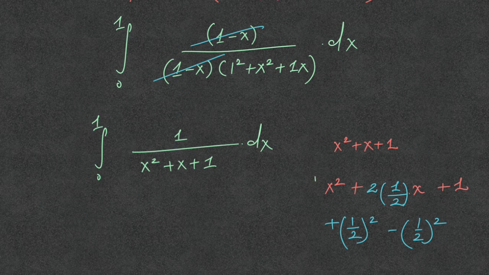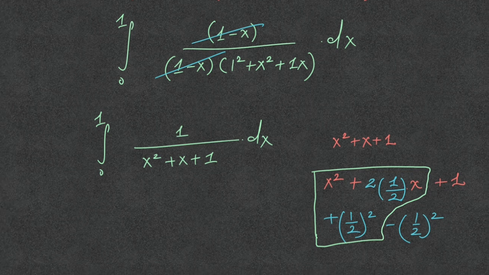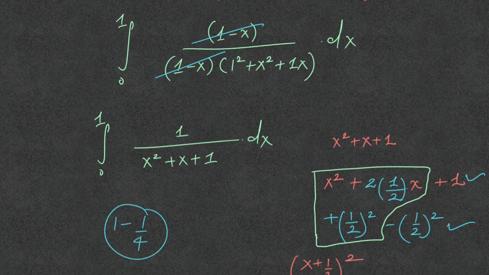This expression will give us the perfect square, so this will become x plus 1 by 2 whole square, and 1 minus 1 by 2 square becomes 1 minus 1 by 4, which eventually becomes 3 by 4. So I can write here plus 3 by 4.